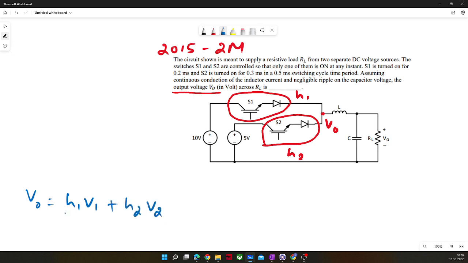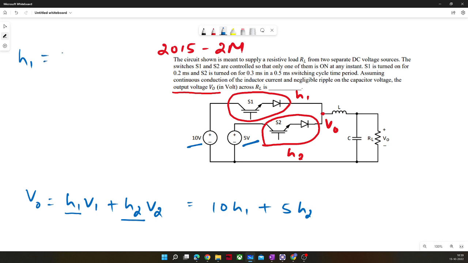Now you just need to calculate H1 and H2, because V1 is given as 10 volt and V2 is given as 5 volt. So I can write 10 H1 plus 5 H2. Now the job is to calculate H1.